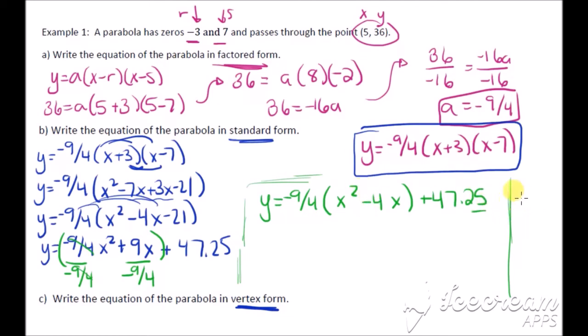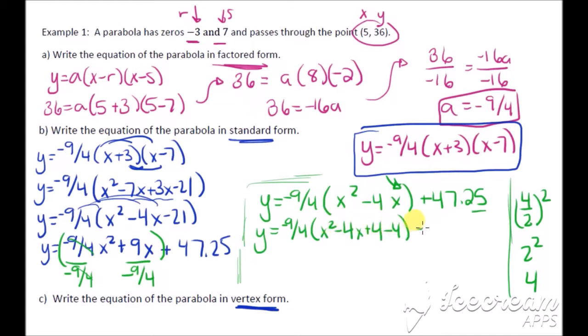Let's take this 4, divide it by 2, and square it. 4 divided by 2 is 2, squared is back to 4. So inside this bracket, we are going to write plus 4 minus 4. Everything else stays the same. Now, when we take this negative 4 out of the bracket, we multiply by negative 9 over 4. Let's rewrite: y equals negative 9 over 4, and we have a trinomial here, x squared minus 4x plus 4.